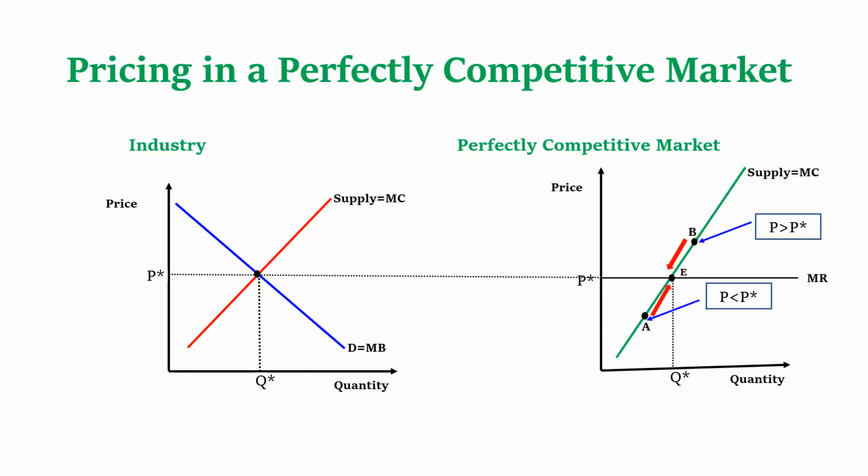So at point B here, we see that the price that the perfectly competitive farm decides to sell at is P, which is greater than P star, the prevailing market price. At this particular point, the farm is going to lose sales because consumers can buy the same product from other sellers at a cheaper price.